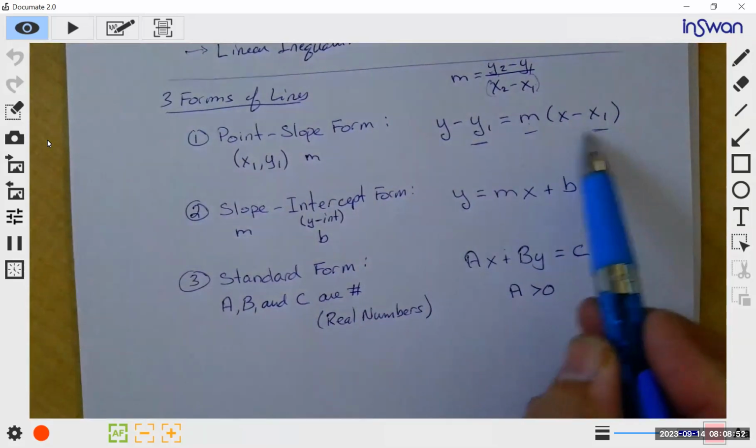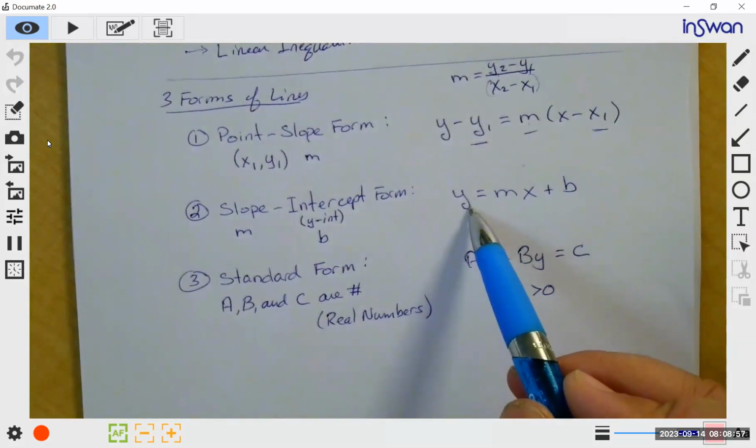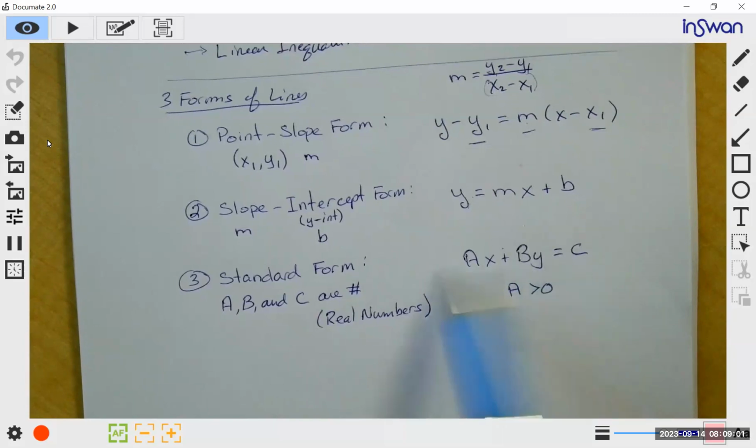And then once I'm given a point and a slope, I solve for Y. I get this one. Then from here, I move X and Y to one side and I get this. So they're all related to each other by simply moving around. All right, so those are the forms of lines that we're talking about.